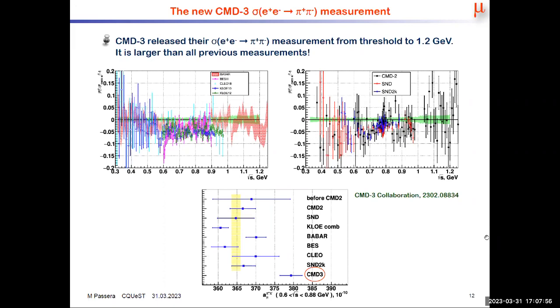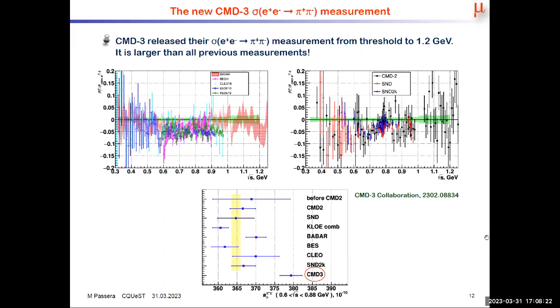And this is a comparison of CMD3, again the green band, with the data also from Novosibirsk, but from previous collaborations, CMD2 and SND. So really a very, very complicated situation. We need confirmations here. Definitely need confirmation. This is yet another puzzle.